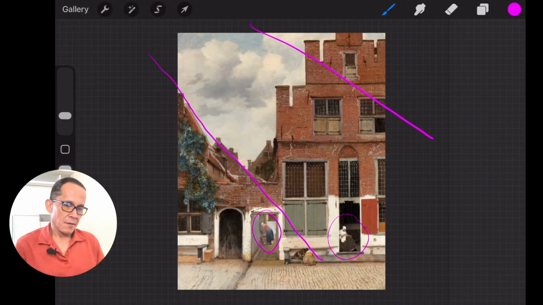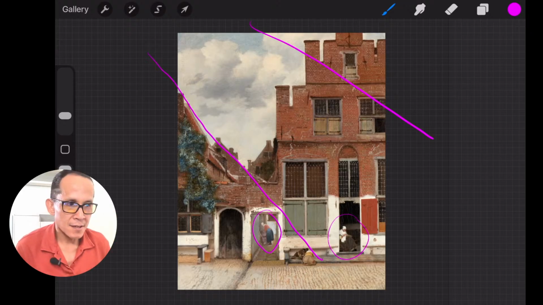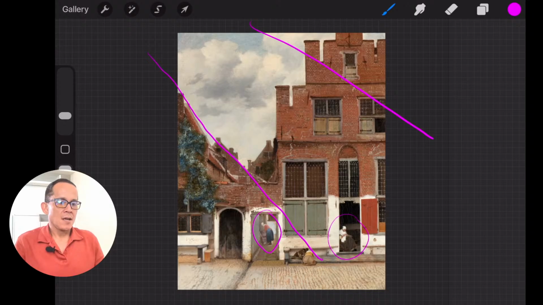At the time of this painting, the 17th century, this was a very religious time in Holland. Holland was very Catholic for a while, but then they split north and south. The north became Protestant, but still a very religious time in Europe.